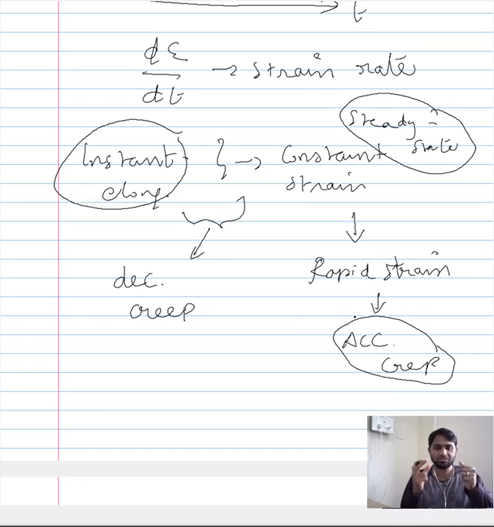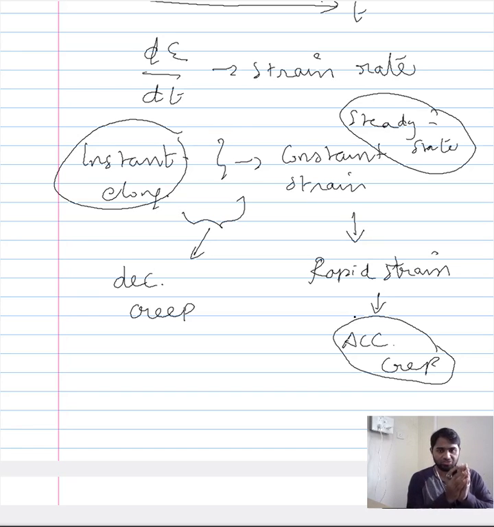You can call them stage 1, stage 2, and stage 3, primary, secondary, and tertiary stage. These are the different names, but if you want to talk specifically in terms of the strain rate, then you have the instantaneous elongation along with a decelerating creep, a transition region. These two comprise stage 1. Stage 1 comprises two parts.